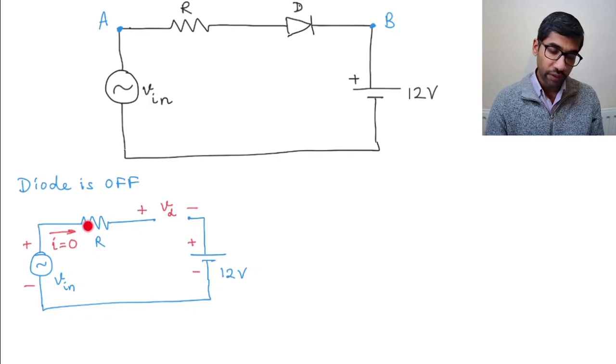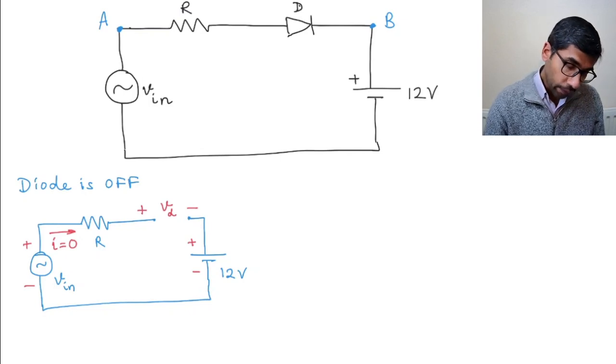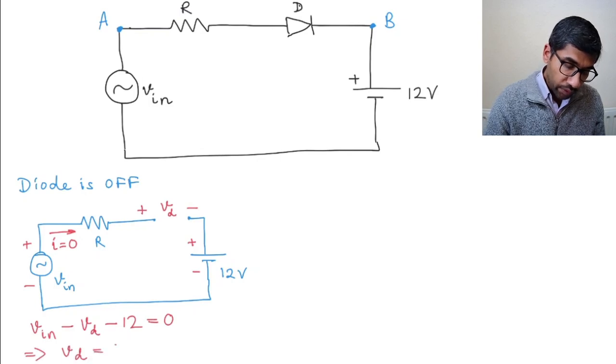And then we have Vin minus Vd minus 12 equal to 0, which implies Vd equal to Vin minus 12.